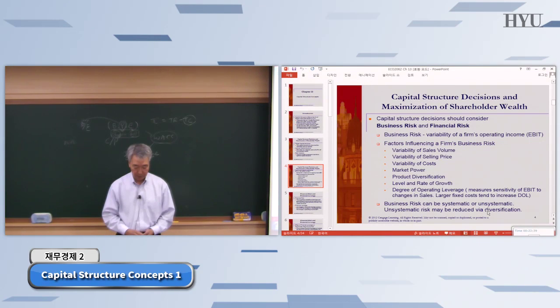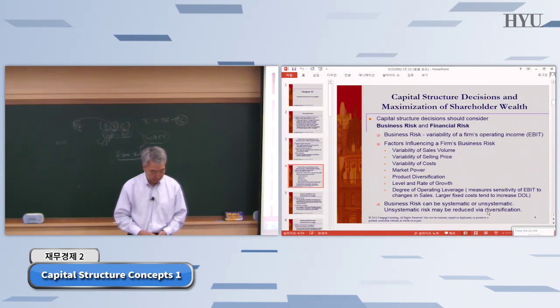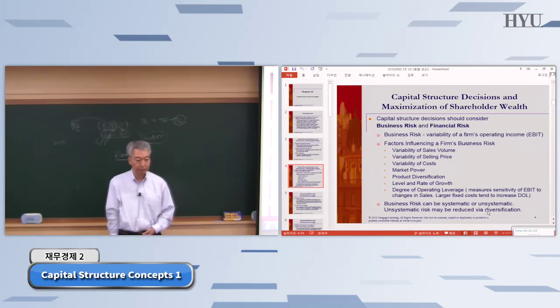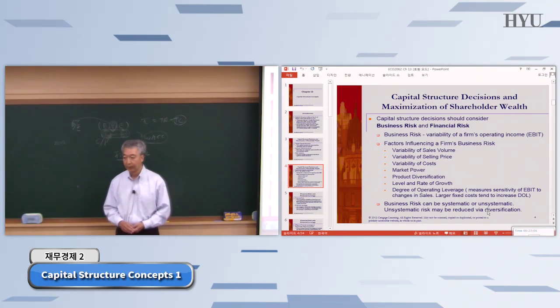Level and rate of growth, how strong your growth rate is. What do you think about this rate of growth? If you are just a new startup company and you're growing fast, what do you think about the business risk?